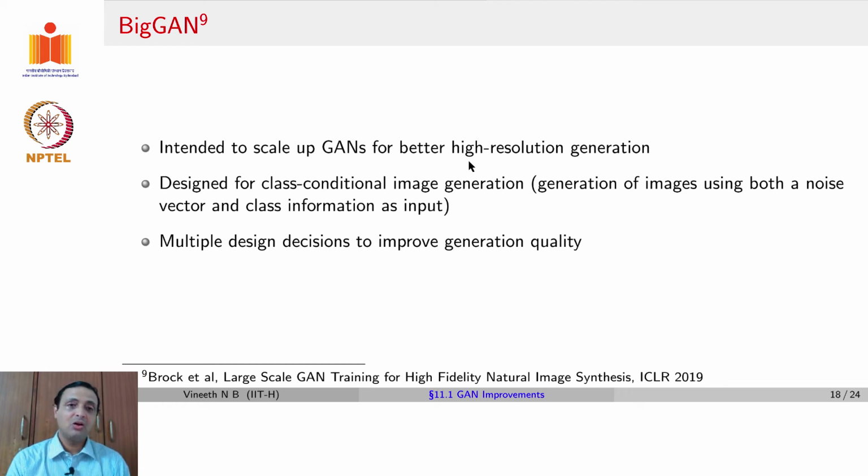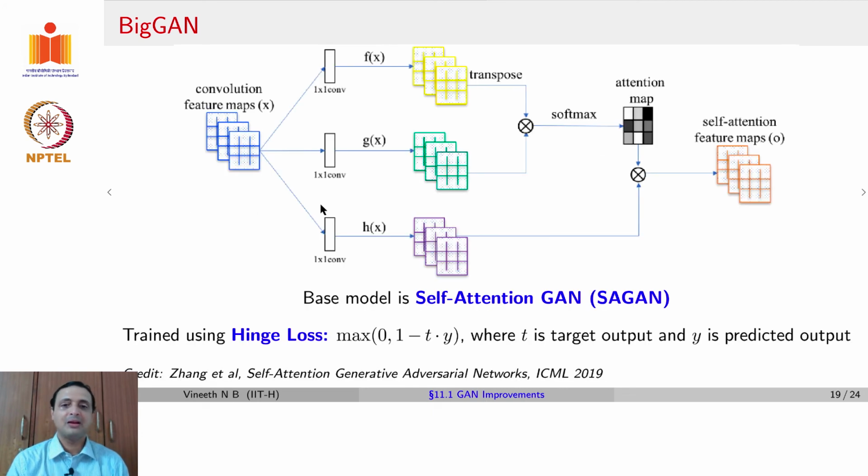It was designed for class-conditional image generation, which means the input is both a noise vector similar to a vanilla GAN and some class information. It could be a one-hot vector, for instance, which together are given to the GAN to generate an image corresponding to that class. BigGAN also introduces a few different design decisions, as we will see in the next few slides.